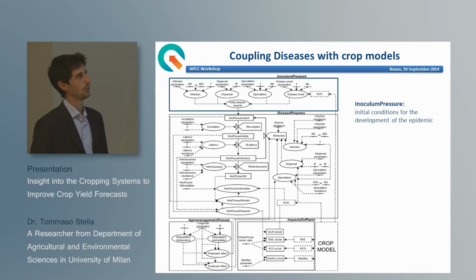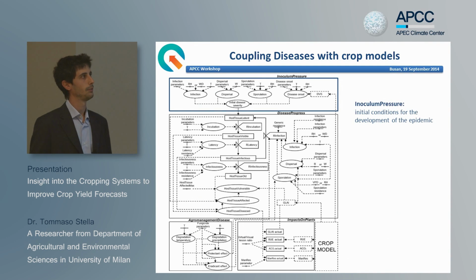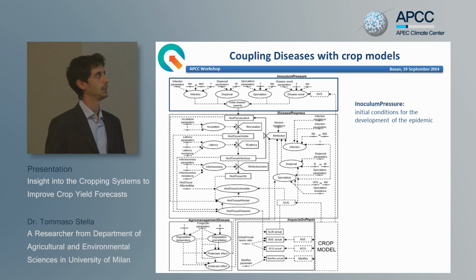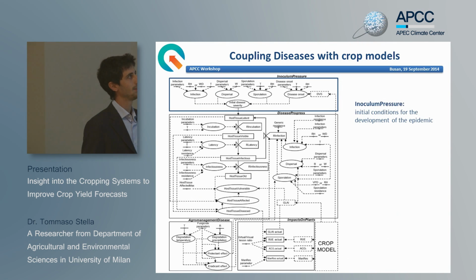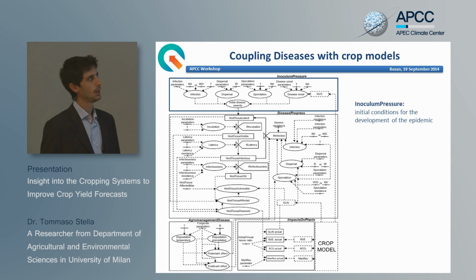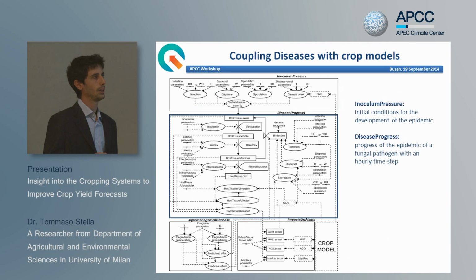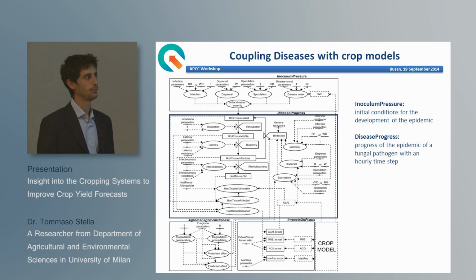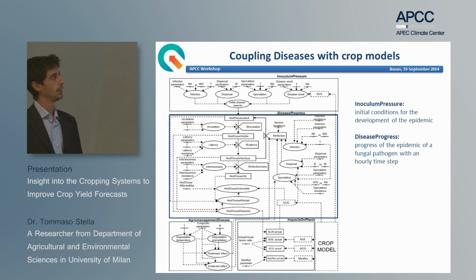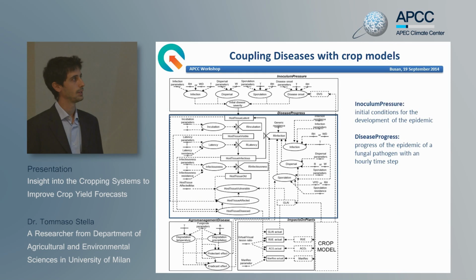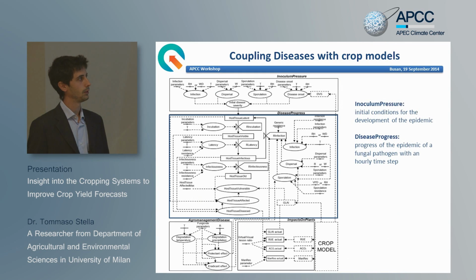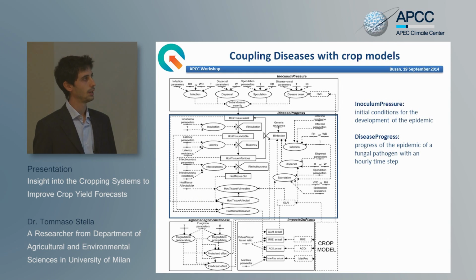The first one, inoculum pressure, evaluates the initial condition for the development of the epidemic, and so the initial disease severity. Then we have disease progress, which evaluates the progress of the epidemic of a fungal pathogen with an hourly time step, and it calculates the incubation, latency, infectiousness, then the production of spores and the dispersal of these spores.